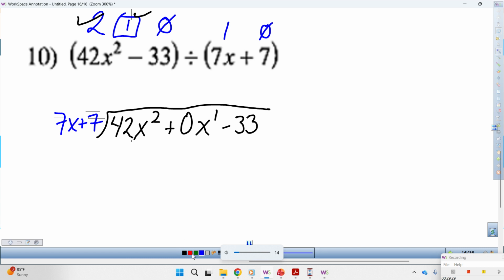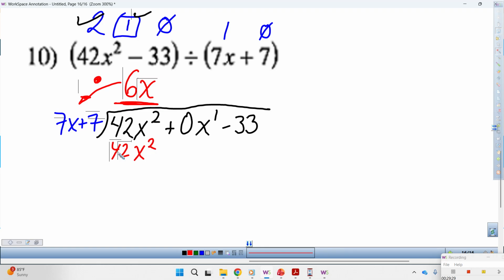All right? From there, what number times 7x gives me 42x to the second? Correct answer was 6x. Hands if you got 6x. All right, so 6 times 7 is 42. X times x is x to the second. However, we have a second term. What is 6x times 7?